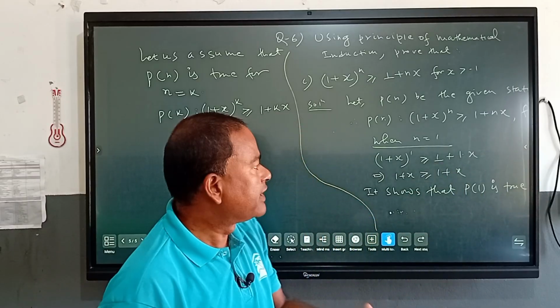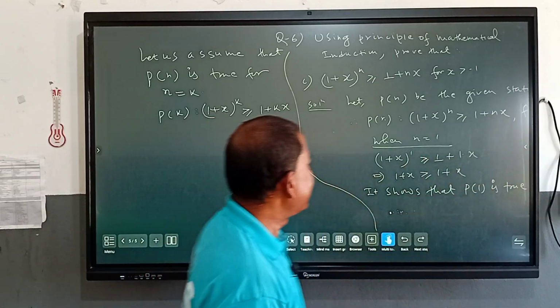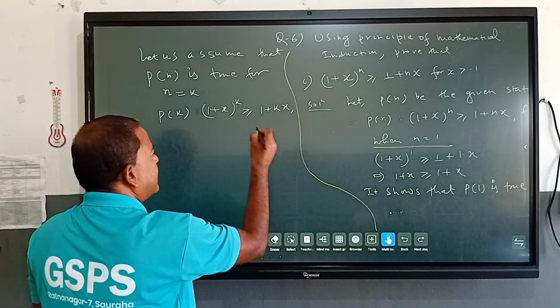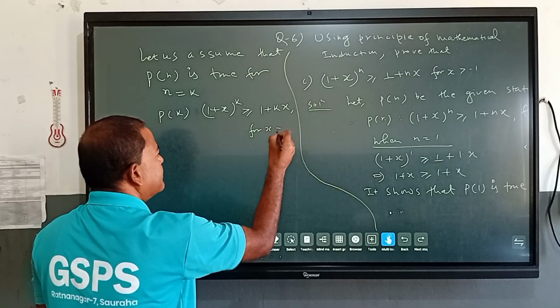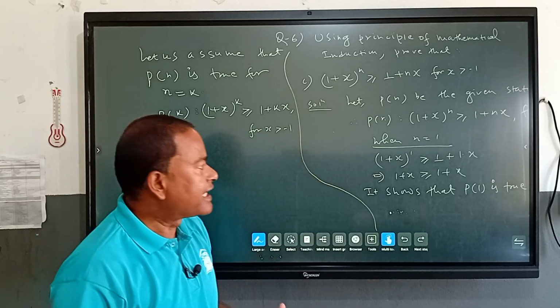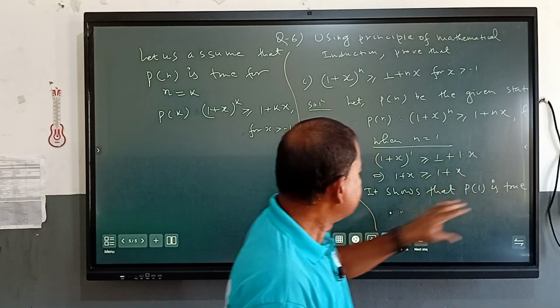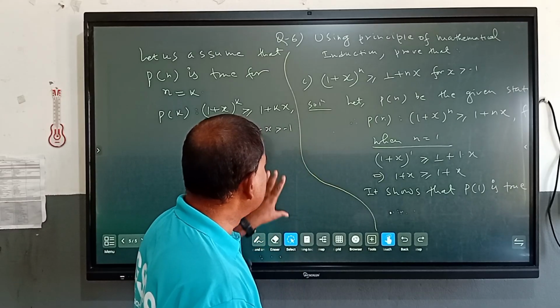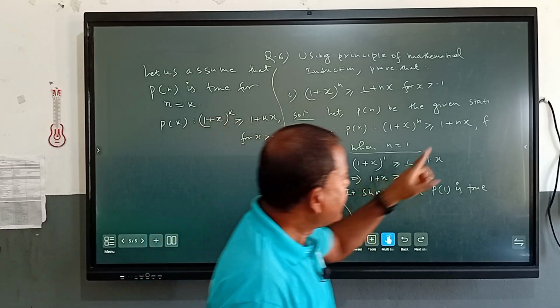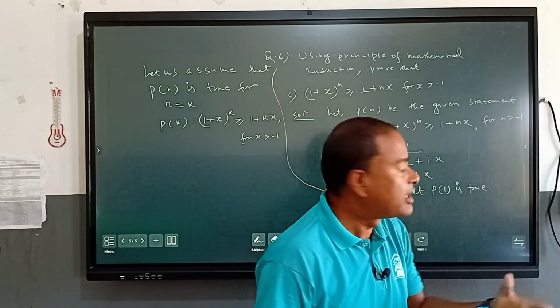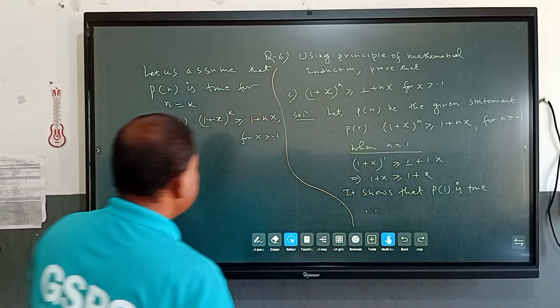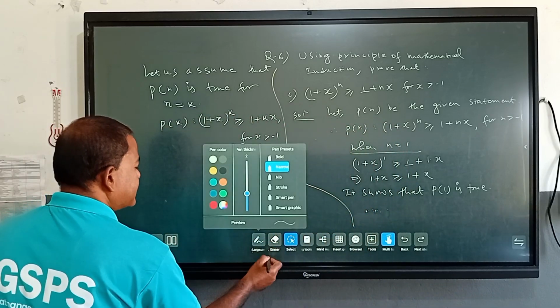Simply we have put the value k in place of n, so we have got 1 plus kx. The condition is for x greater than minus 1. So dear students, now let's suppose this as I.